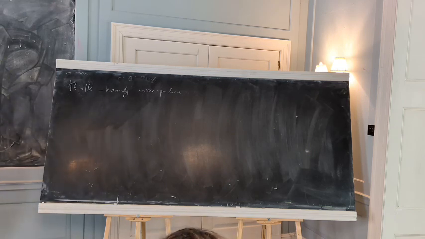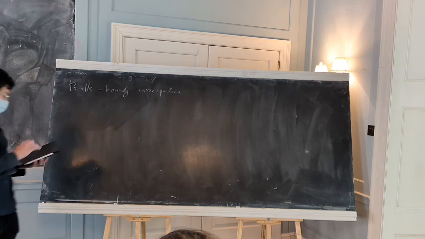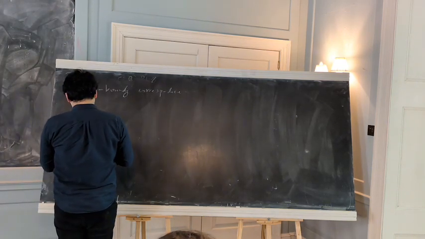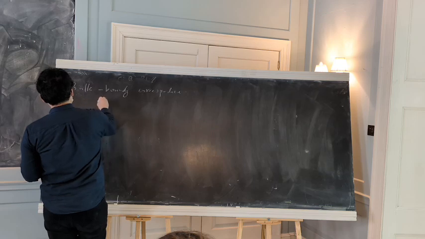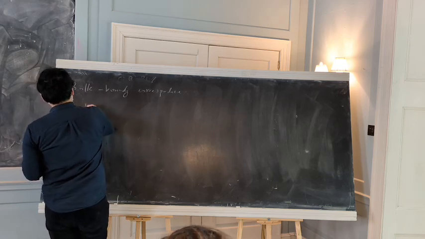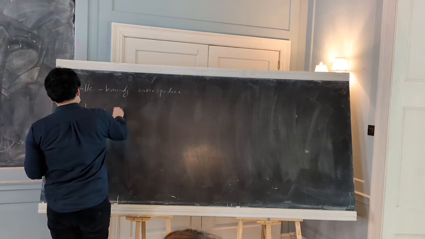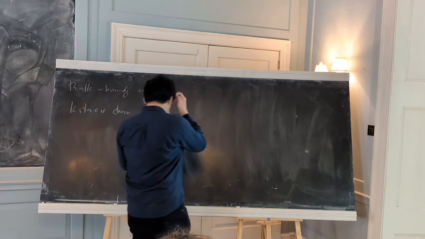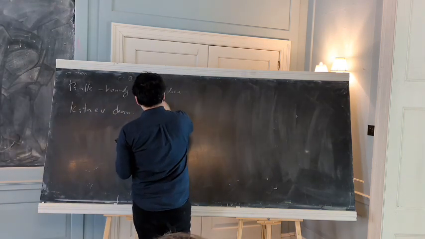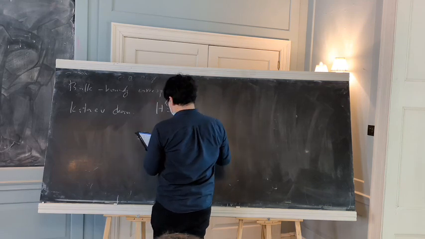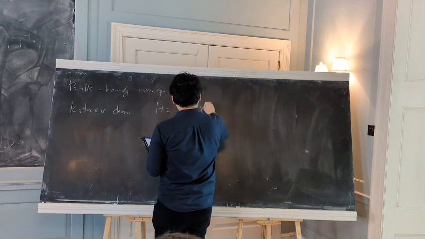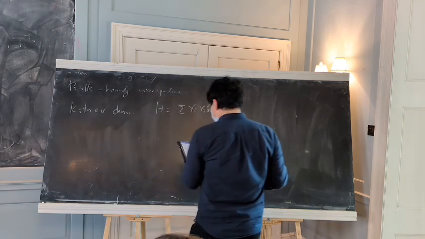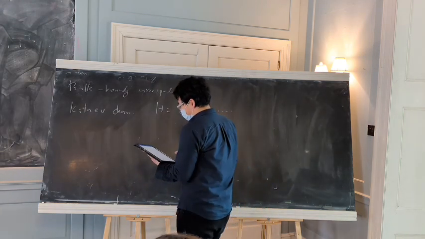Now you can do similar things here, and instead of the cluster state Hamiltonian, you have the Kitaev chain. Basically, it's again a sum of some fermionic operators. Here I'm going to be very schematic.